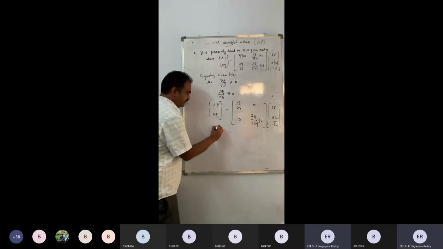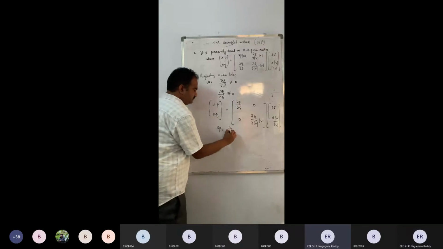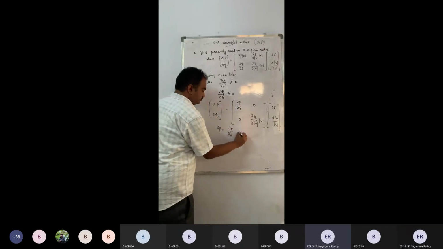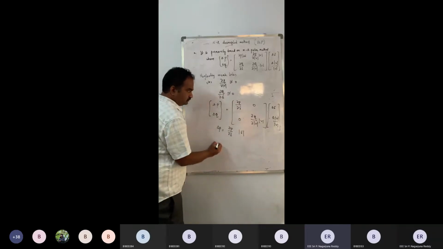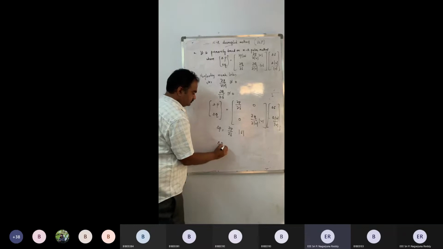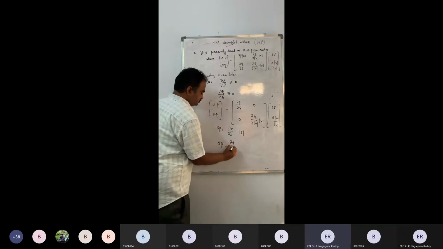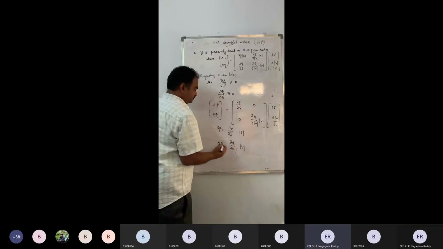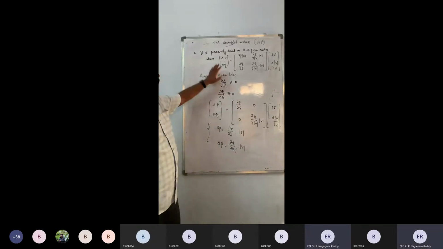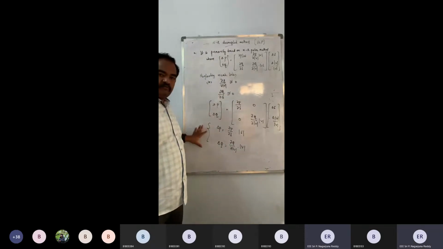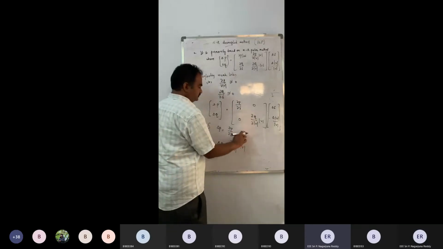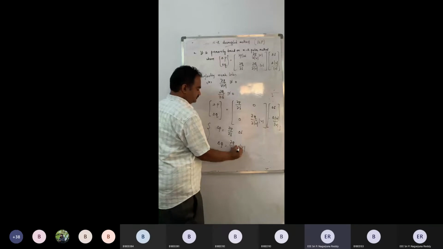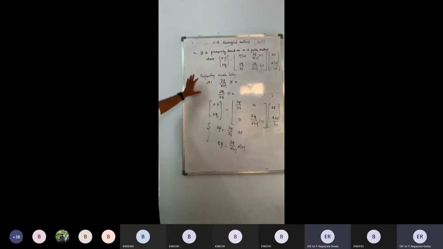Now, if I separate this one, instead of complex equations, see, I have got very simple linear equations.